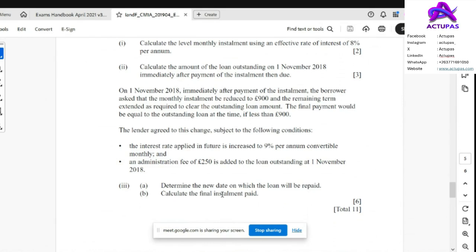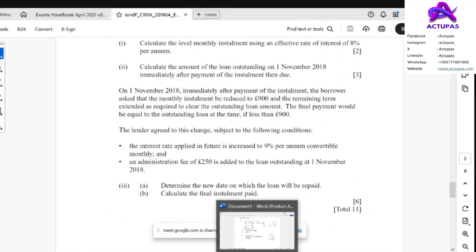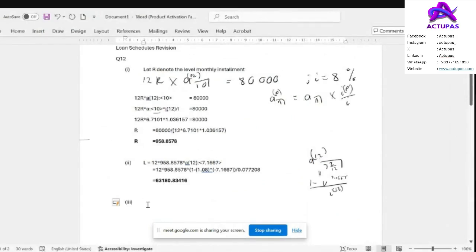So the first part is to determine the new date. Now, because we have been given an interest rate of 9% per annum convertible monthly, we can use months instead of years. We've been told that I12 is equal to 9%.